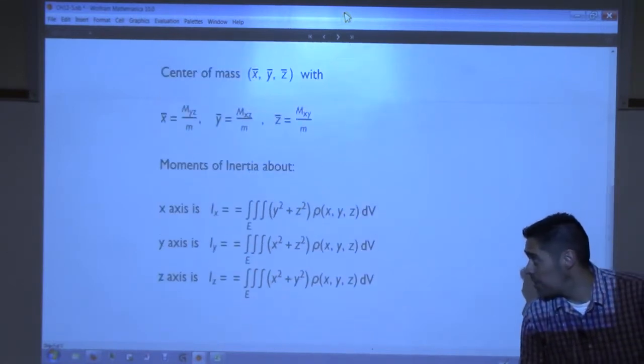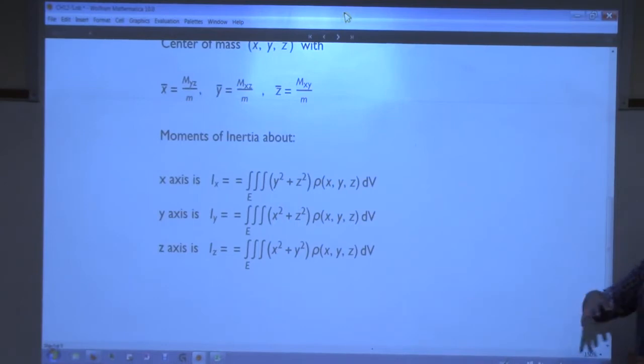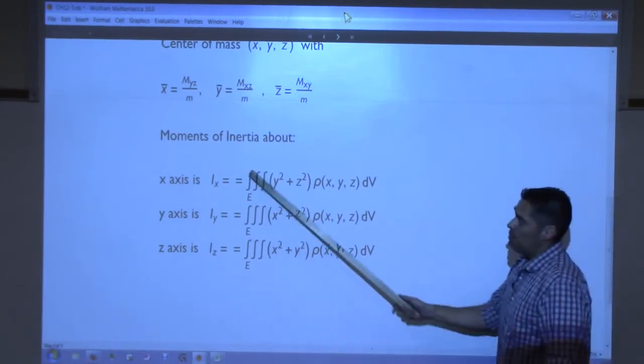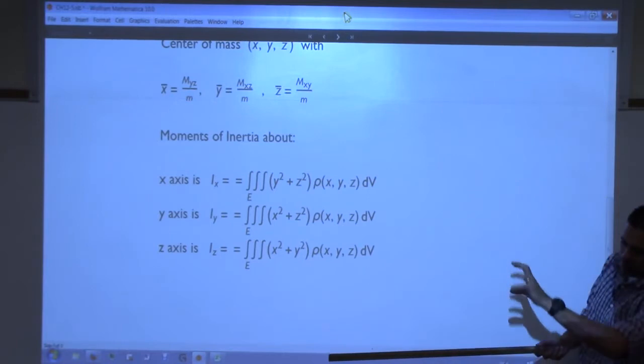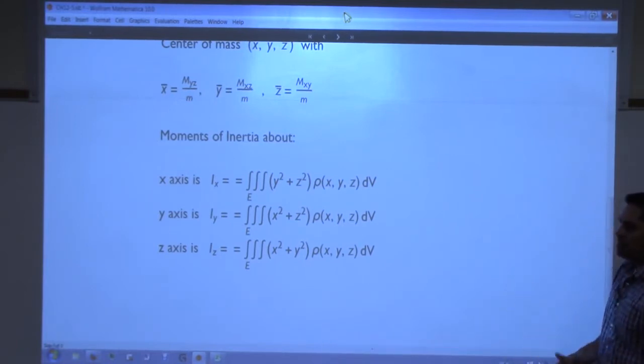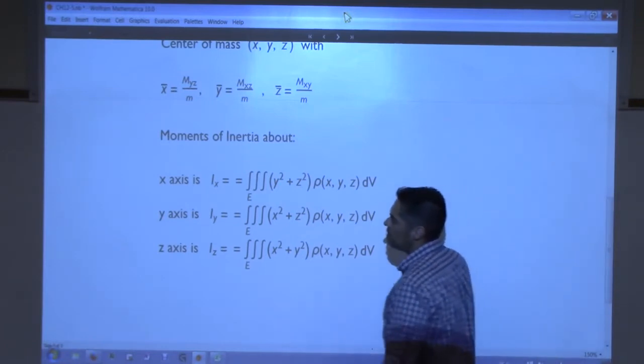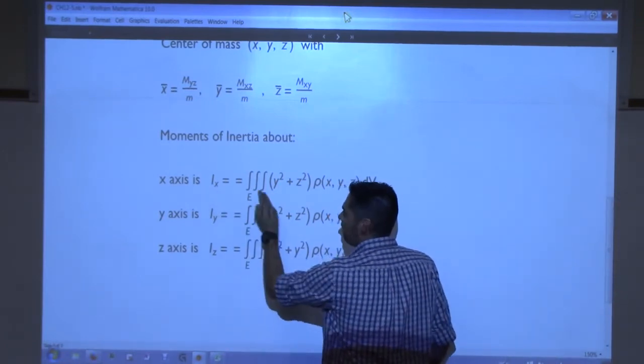Then you have the moments of inertia, which is the object's resistance to being rotated about something. So if you want to know the moment of inertia about the x-axis, you have this object, you're trying to rotate it around the x-axis, its resistance to that motion is going to be measured by this triple integral.